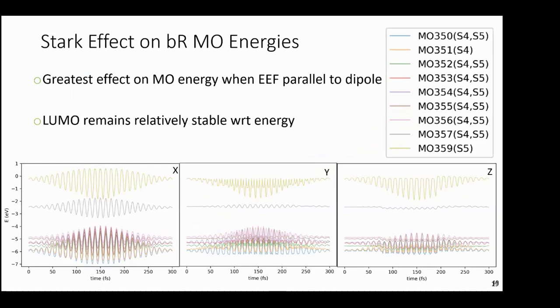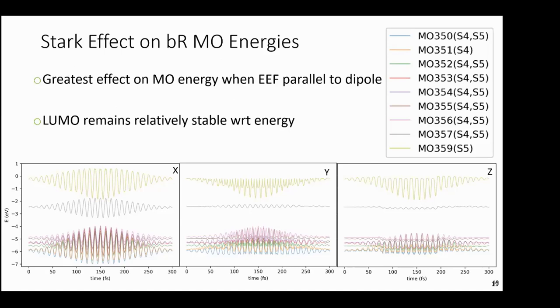Interestingly, too, almost all the orbitals go through drastic changes in ordering and distribution due to orbital mixing, but the lowest unoccupied molecular orbital, which is this gray line here, remains relatively unchanged, both in energy and distribution, relative to the other molecular orbitals. And this is regardless of the direction of the electric field.